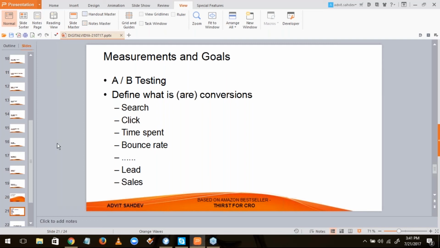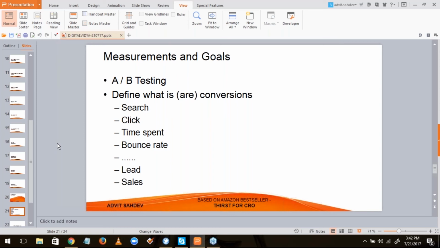Then I pick up the next set, which is, should I add the names of the companies who come for recruitment? Right now, without that, the conversion rate is 2.5%. Once I added that, conversion rate shoots up to 4%. So I said definitely yes, this has to be there, and I keep that option and reject the previous option. So that is called A/B testing. That is a very simple method of optimization.